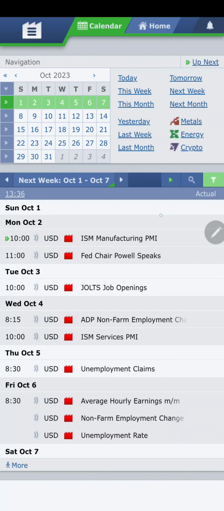We have red folder news Monday, Tuesday, Wednesday, Thursday, and of course Friday, the non-farm payroll, which I am bullish on the dollar. So I think that will come out as positive, which will cause the market to head down. Yeah, that's what I'm thinking.